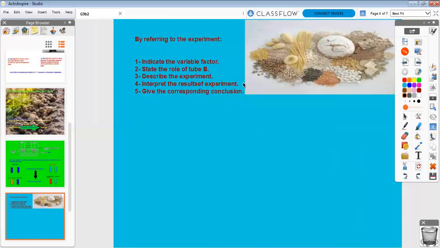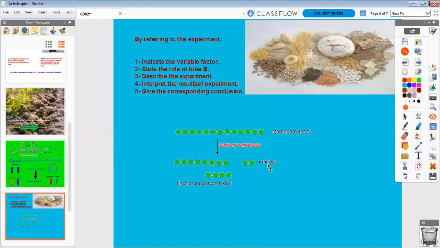Give the corresponding conclusion. The conclusion was: the starch, which is also called amylose, is digested by salivary amylase, which is the enzyme present in the saliva, and simplified into molecules of maltose.